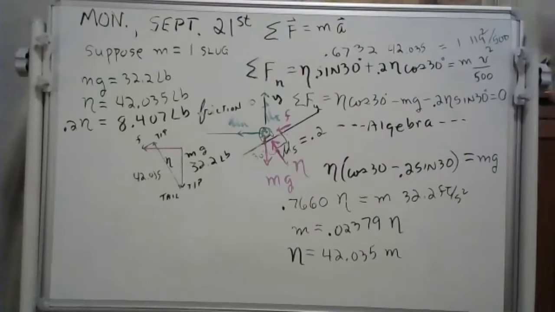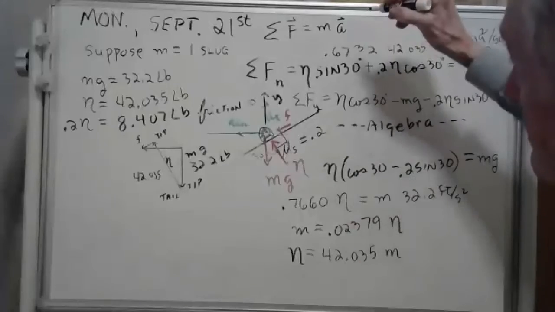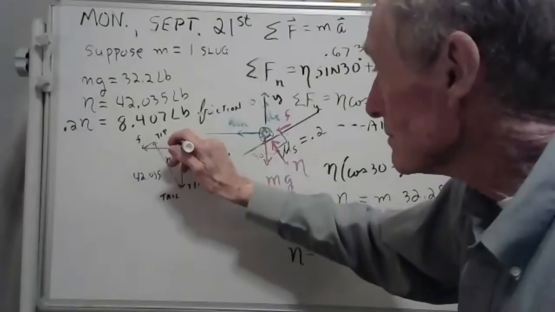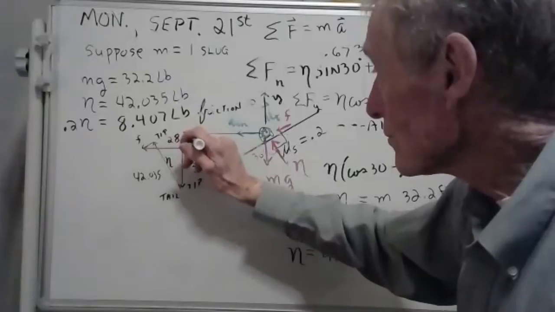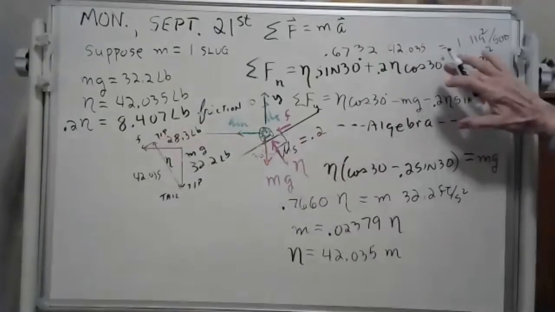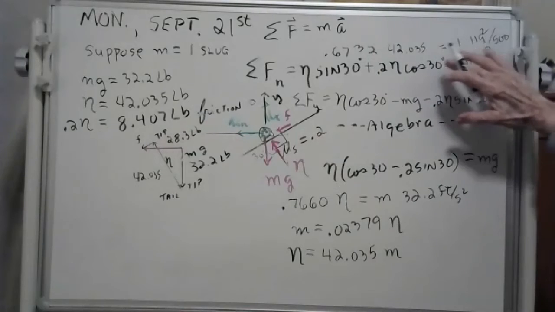Let me see what it is. 0.6732 times 42.035. I'm getting a 28.3. This should be 28.3 pounds. But this should be 28.3 pounds also.